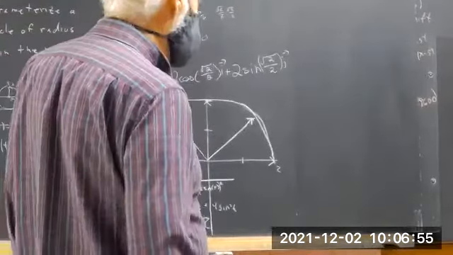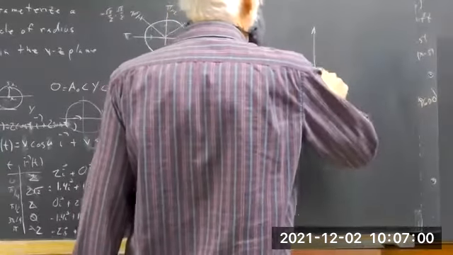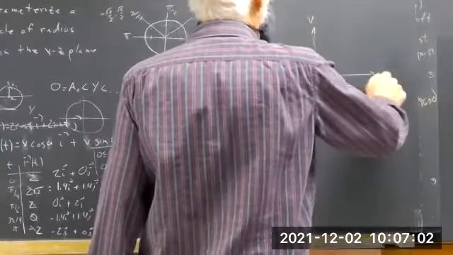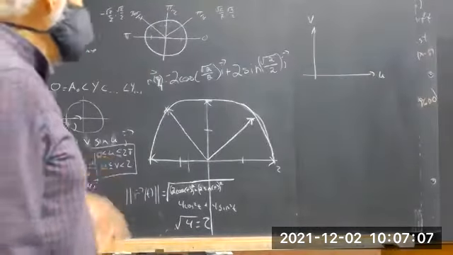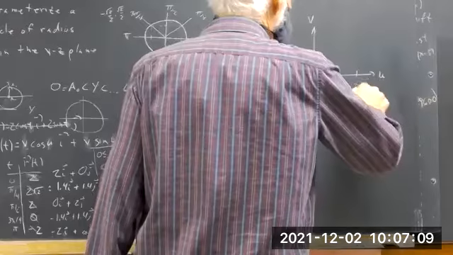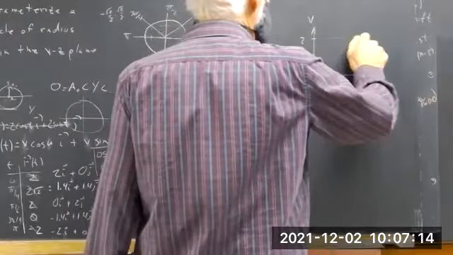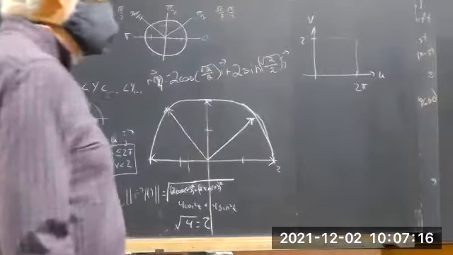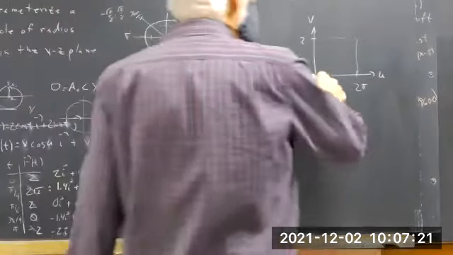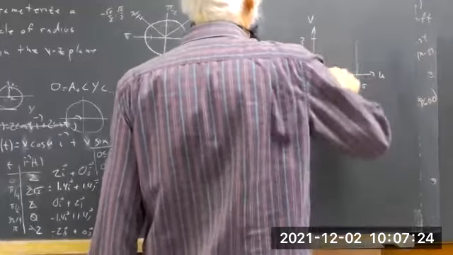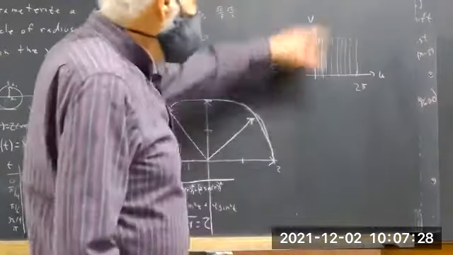But in your parameter space, now you've got v, you've got u. U goes from 0 to 2 pi. V goes from 0 to 2. So here's the parameter space. If you partition the U interval, you get all these vertical strips.